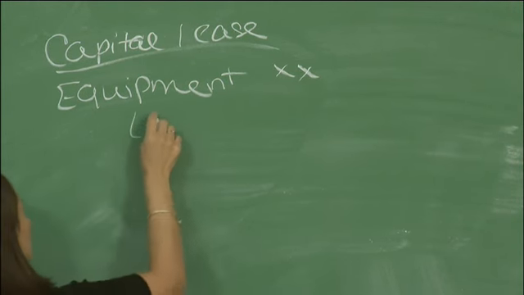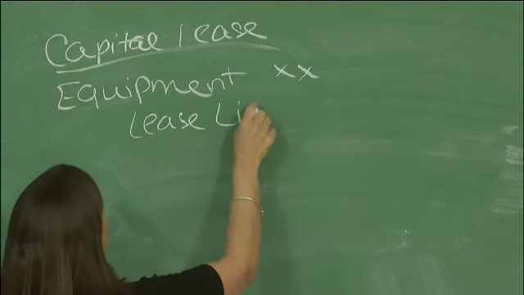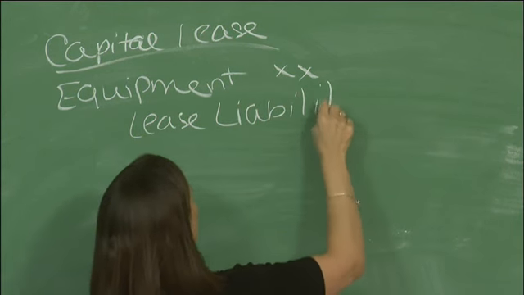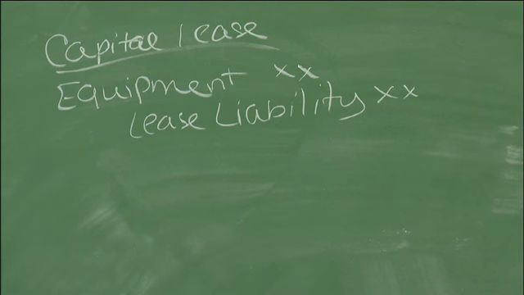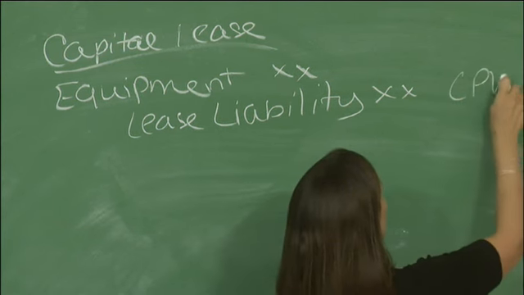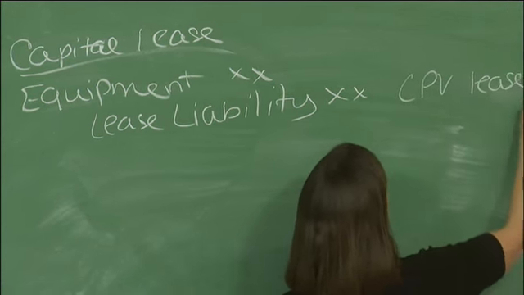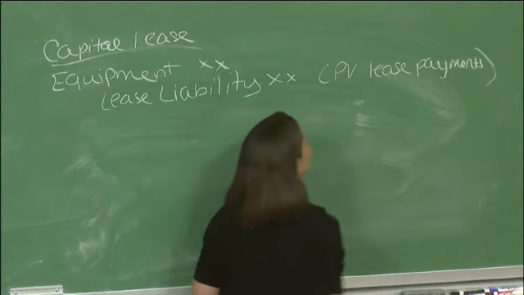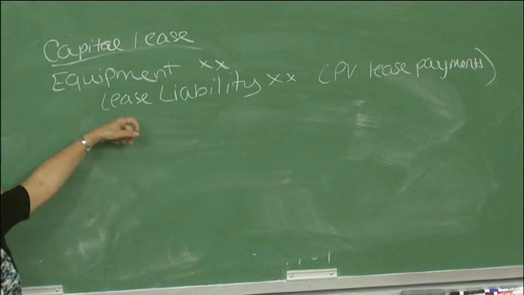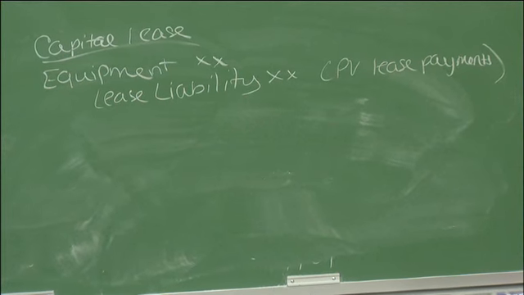So it's just instead of a notes payable, this would be a lease liability. What amount would this be for? Well, your lease liability would be for the present value of those lease payments. If you make any payments in cash at the beginning, that would be a credit to cash.